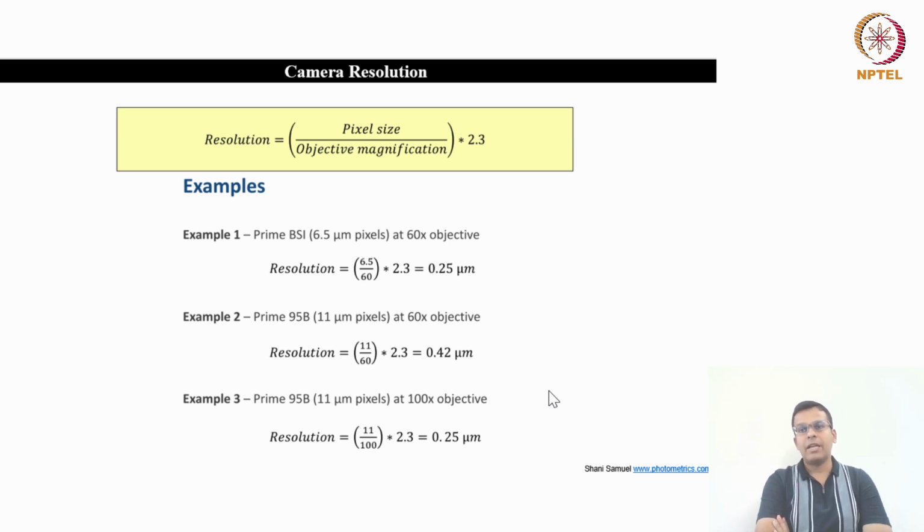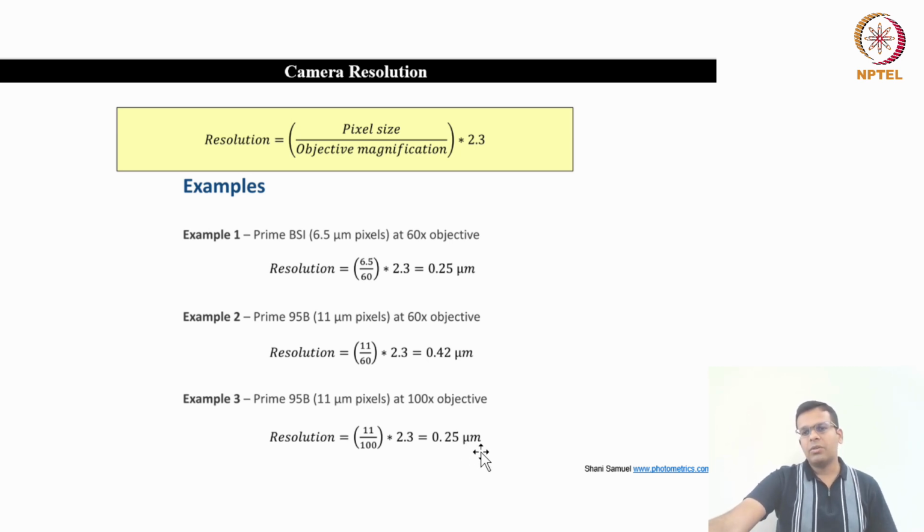Let's say for Nyquist we got to know that we need to resolve at 87 nanometer, right? So see, if you use this Prime BSI camera with a 60x objective, what will be your resolution? 0.25 micrometer. Here, if you use the Prime 95B camera with 11 micrometer pixel size at a 60x objective, your resolution will be 0.42 micrometer. And with this Prime 95B camera at a 100x objective, you will get a resolution of 0.25 micrometer.